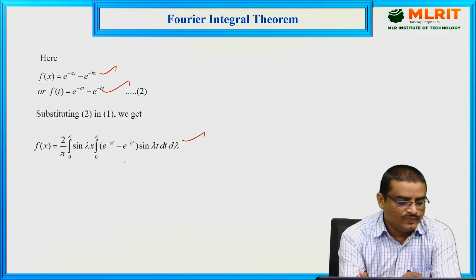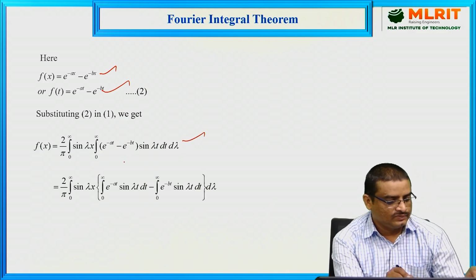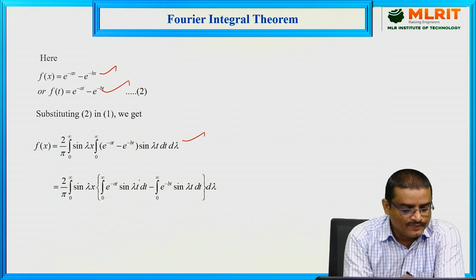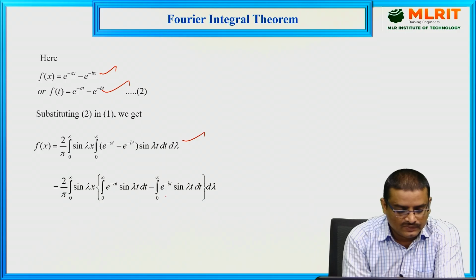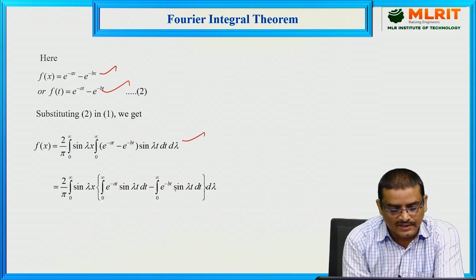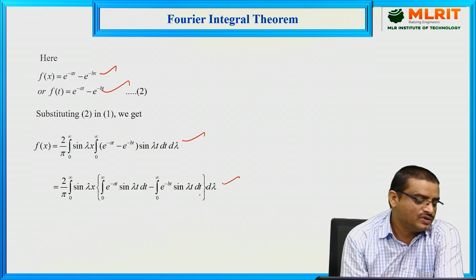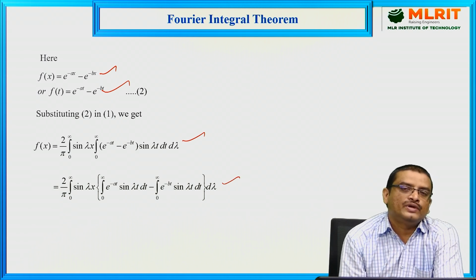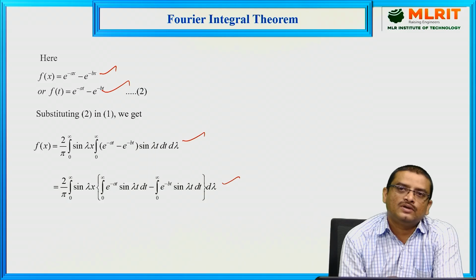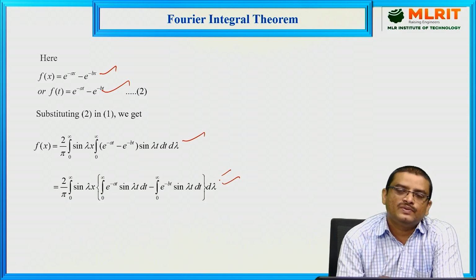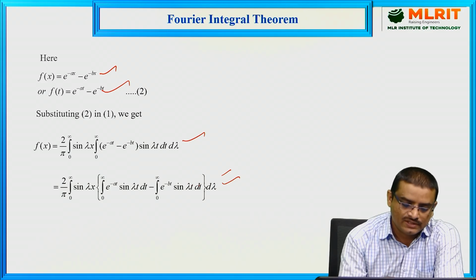Now remove these brackets. So we have the integral of e power minus at into sine lambda t dt, and the integral of the second term, integral 0 to infinity e power minus bt into sine lambda t dt. Keep lambda as it is, because that is the variable in the condition we have to prove, and d lambda remains. That means we should not apply the integration with respect to lambda. We have to apply the integration with respect to the remaining variable, that is t.